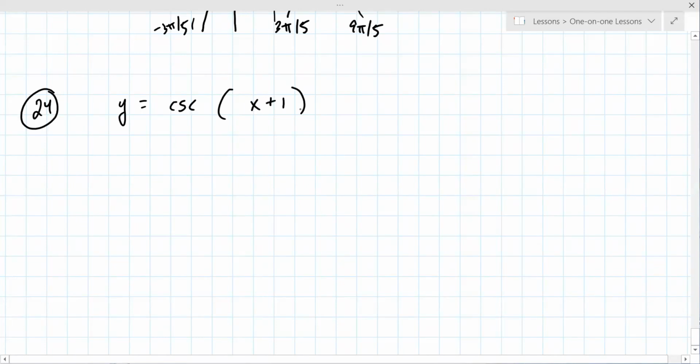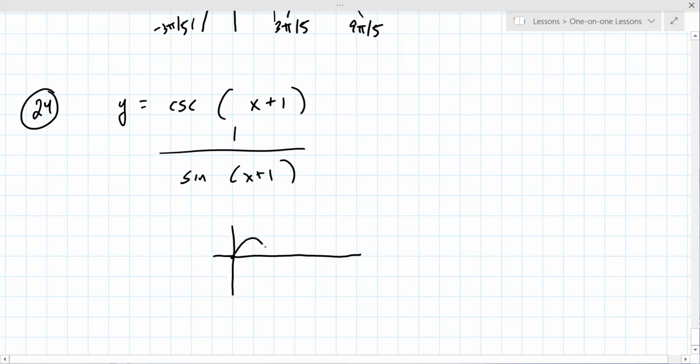Okay, this is really 1 over the sine of x plus 1. So we need to graph sine of x plus 1. Well, we know what sine is. I start here, go high, come down, come back up. Because it's cosecant, we have to graph a couple of periods.